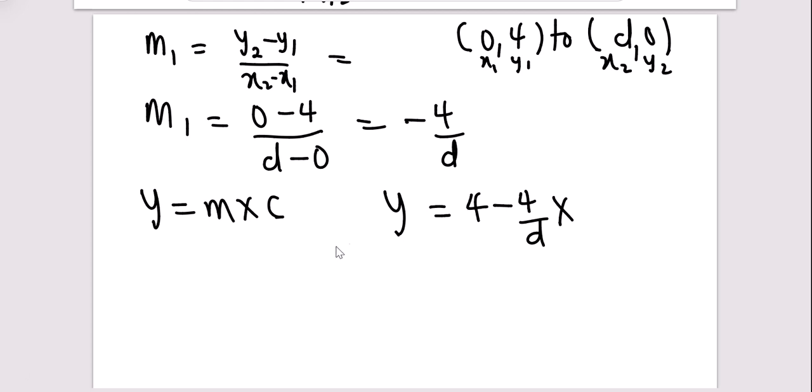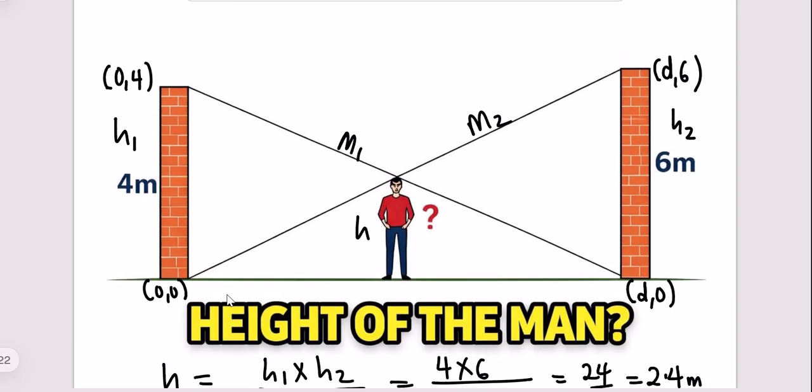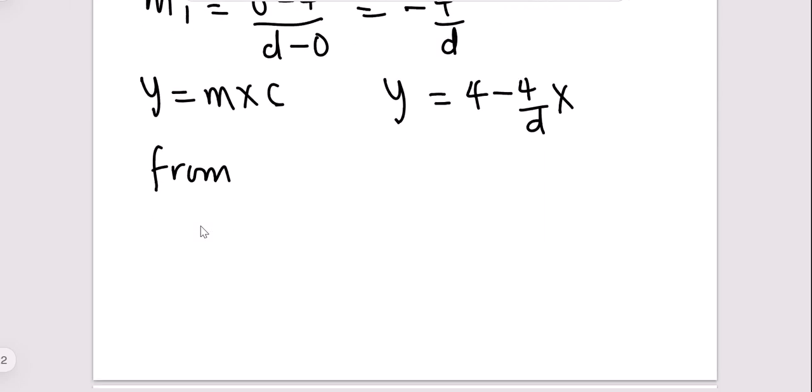Also, for the second part, we consider the second slope, which is this one, from 0, 0 to d, 6.